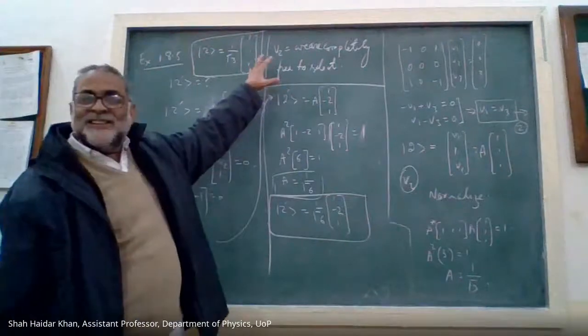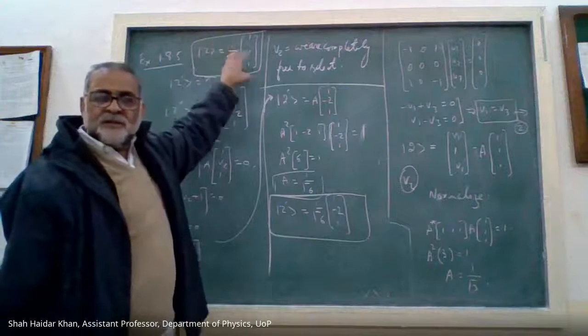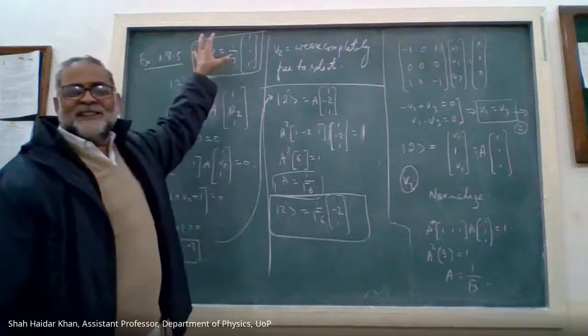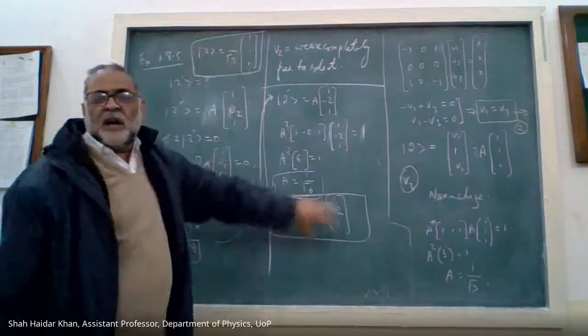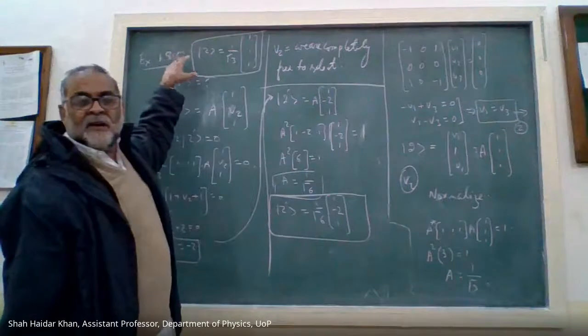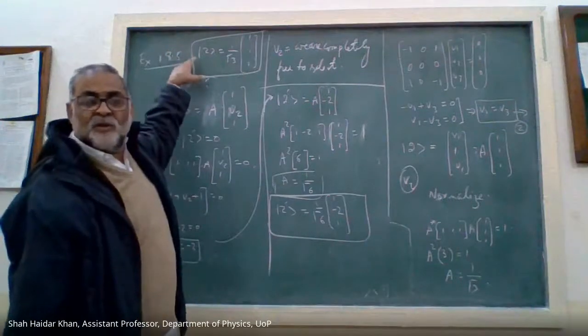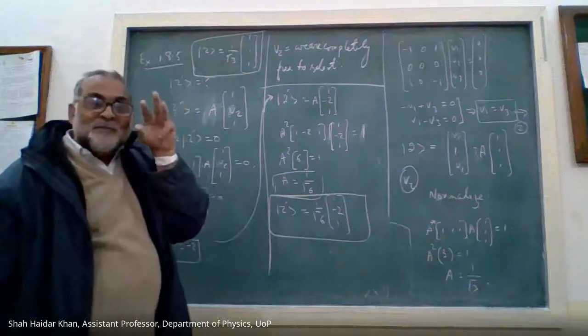For the degeneracy, we have two vectors. We found it like that. This is called degeneracy. There are two different vectors, and they correspond to a single value. So we can say that this lies in a subspace.